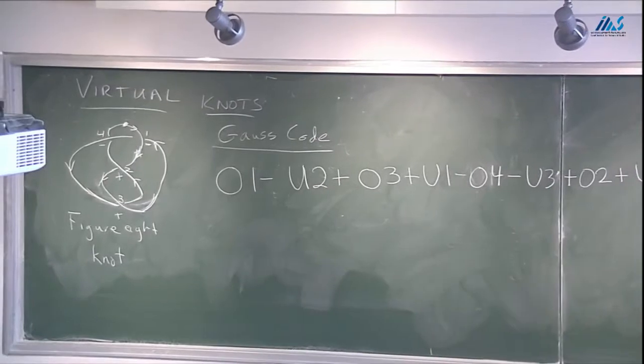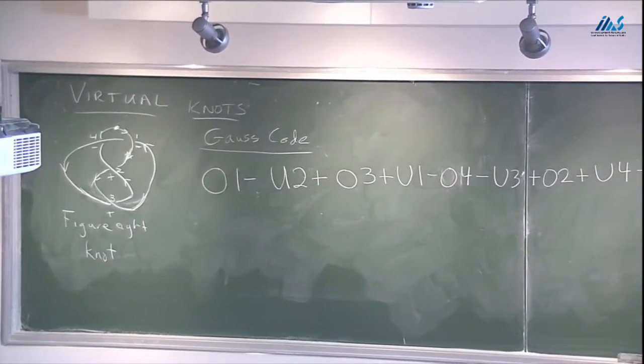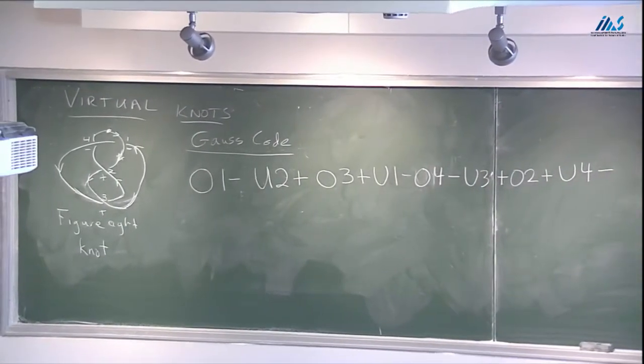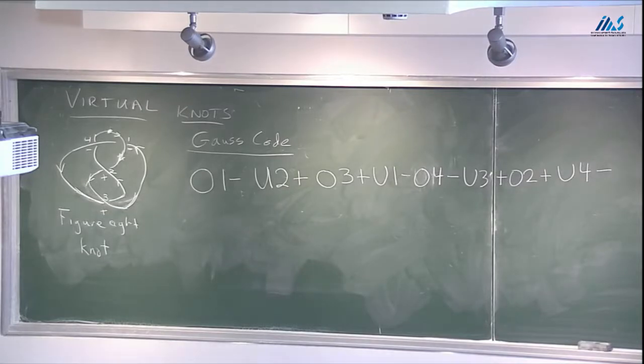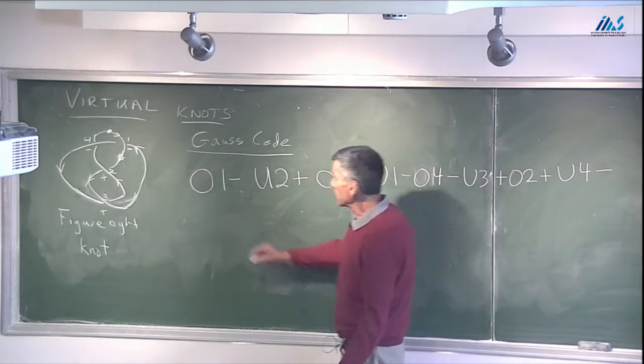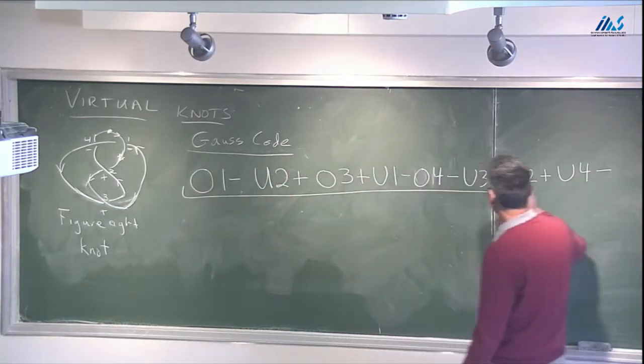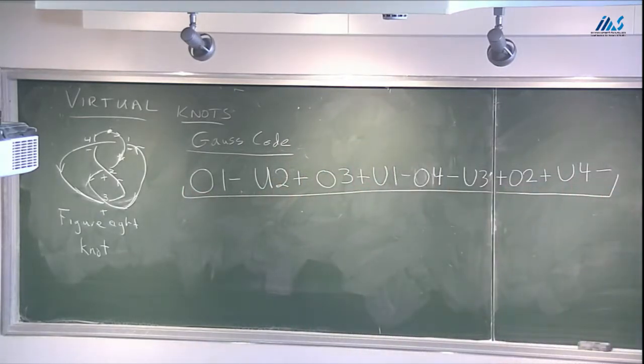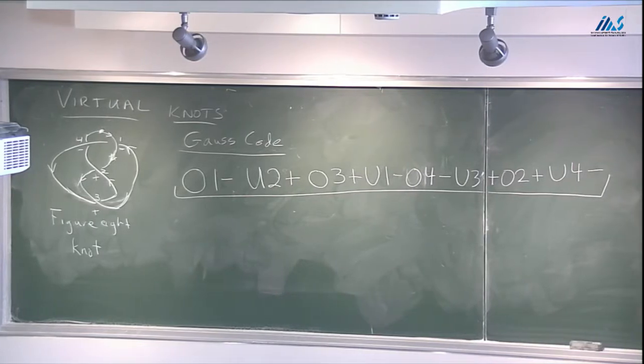So there's some redundancy here, right? We didn't have to put the signs twice, and so on. That's okay. There's a little bit of redundancy in this description. But now we have a sort of a series of symbols. Every number appears twice, once with an over and once with an under.